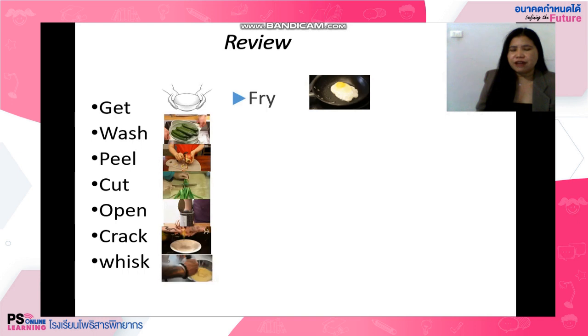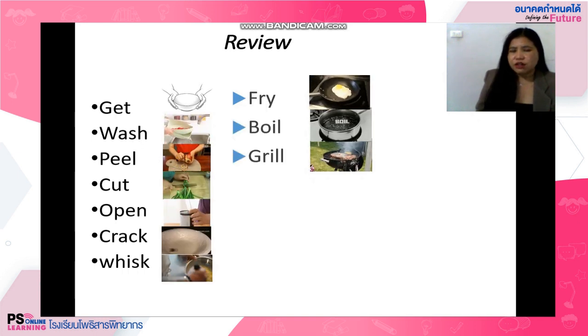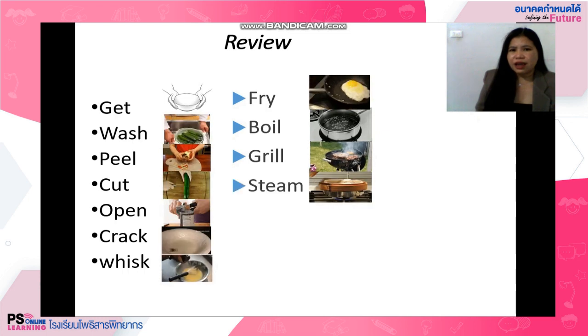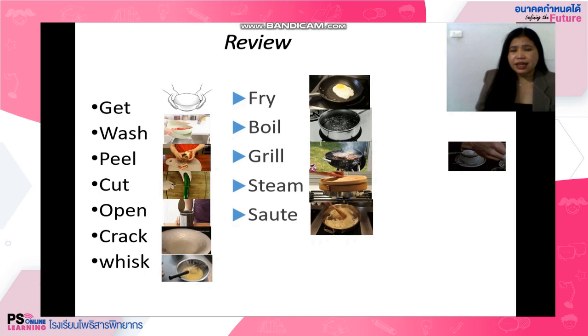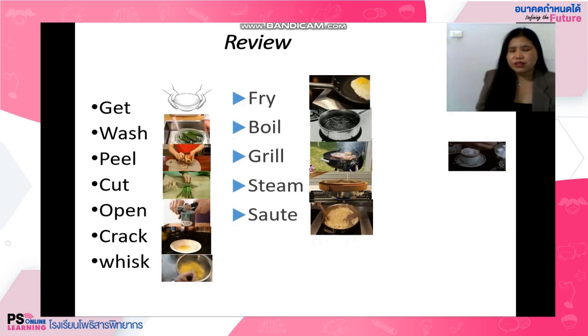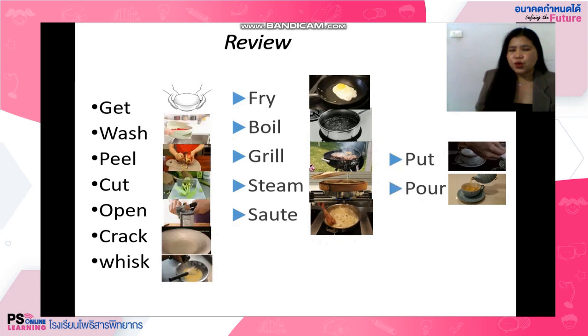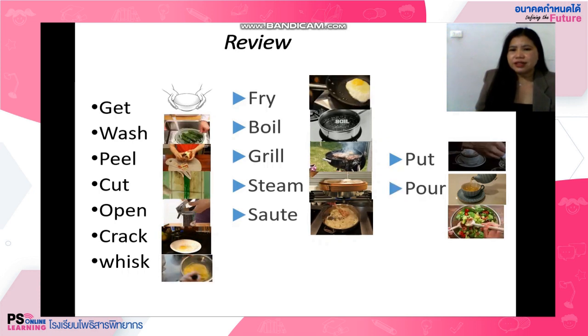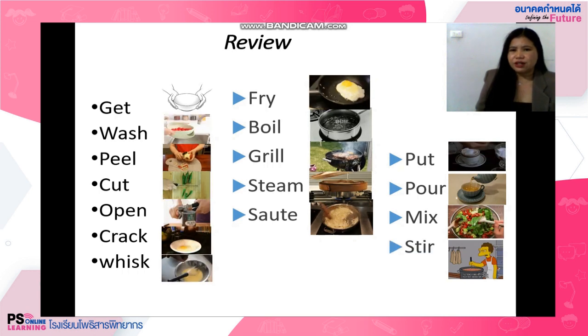And then the ways to cook. We have fry. We have boil. We have grill. We have steam. And we have saute. And then when you are in the process of cooking, you use the word put or pour, and mix and then stir.